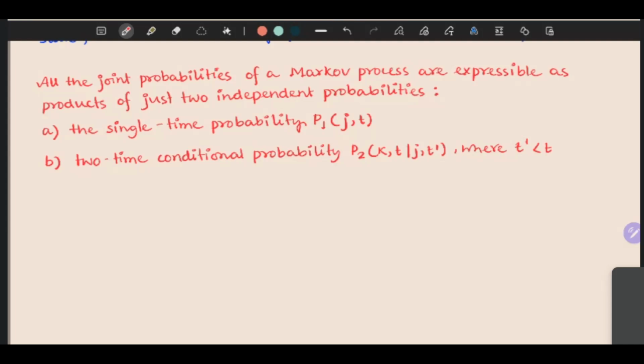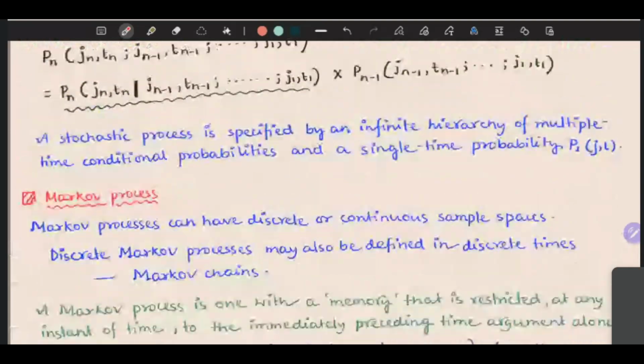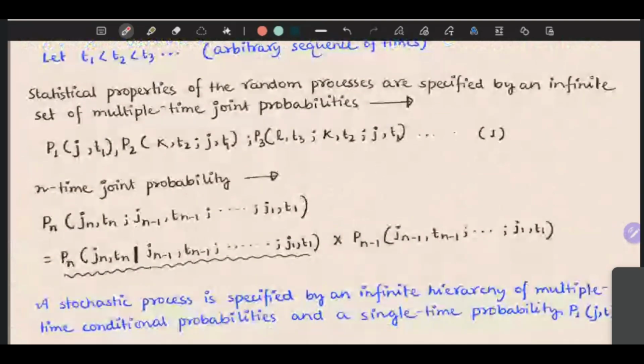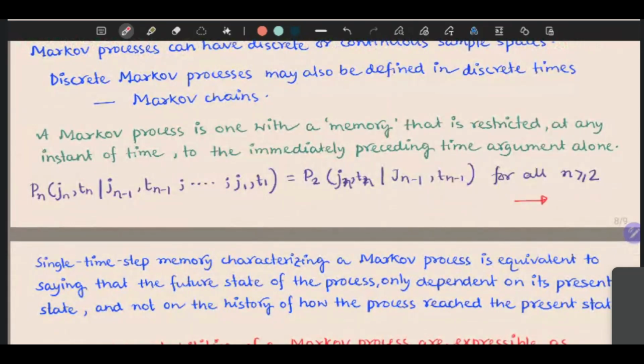Now if you apply this process repeatedly to this equation, let me number it: this is 2, this is 3.